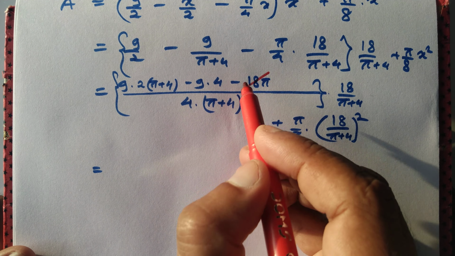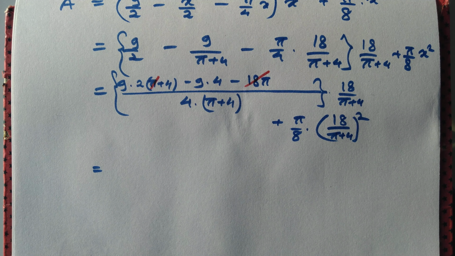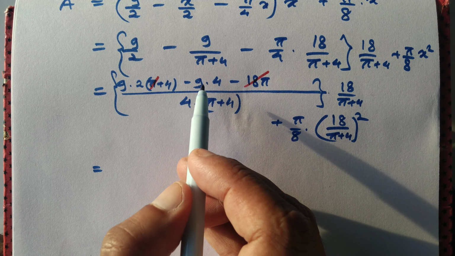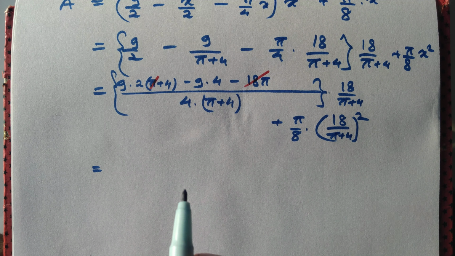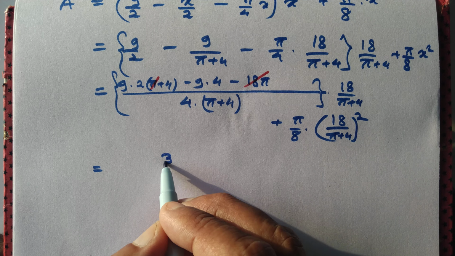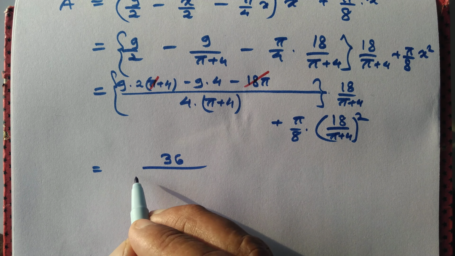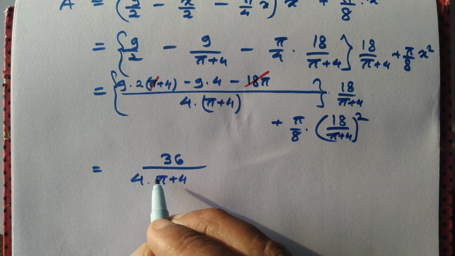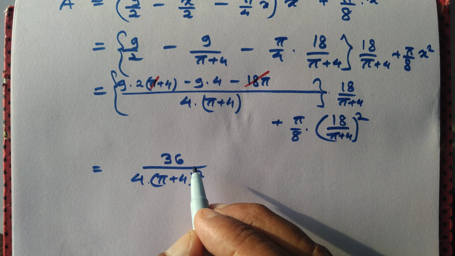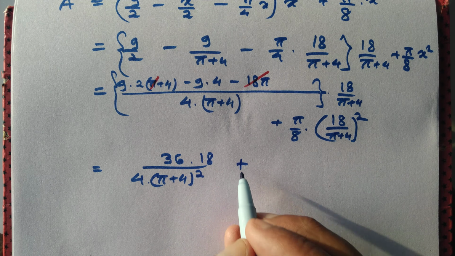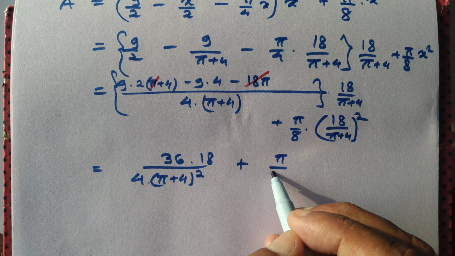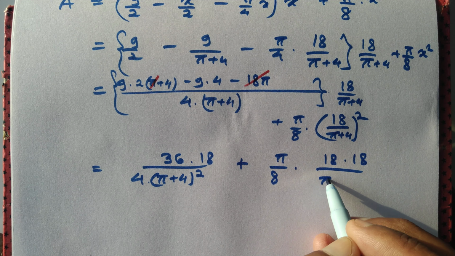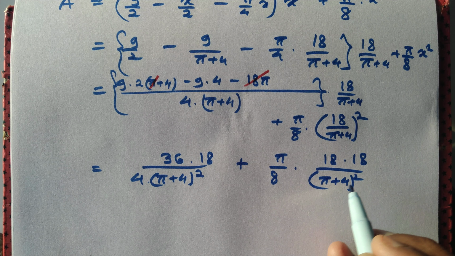Observe that we can cancel 18 pi out, and then we can subtract 9 times 2 times 4 with 9 times 4 to obtain just 9 times 4, that is 36. So 36/(4(pi + 4)) to be multiplied by 18, plus (pi/8) times 18 times 18/(pi + 4), the whole thing squared.